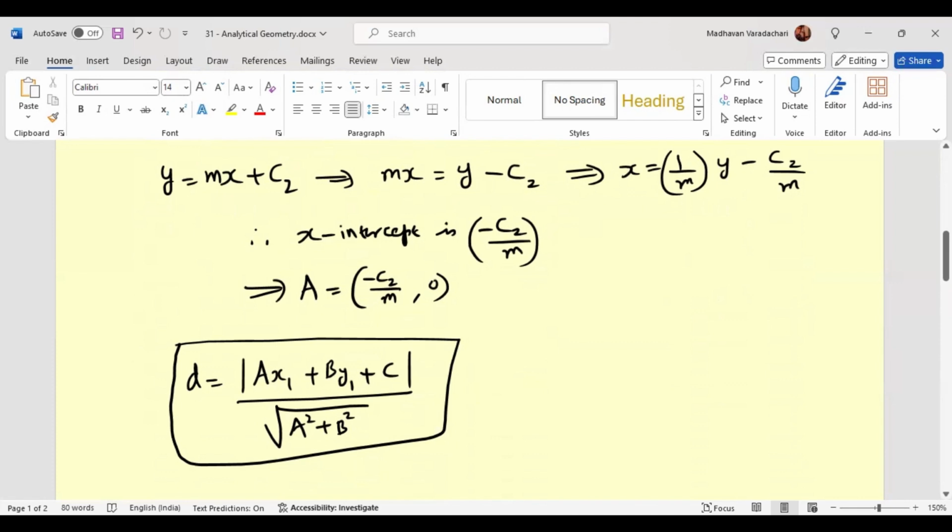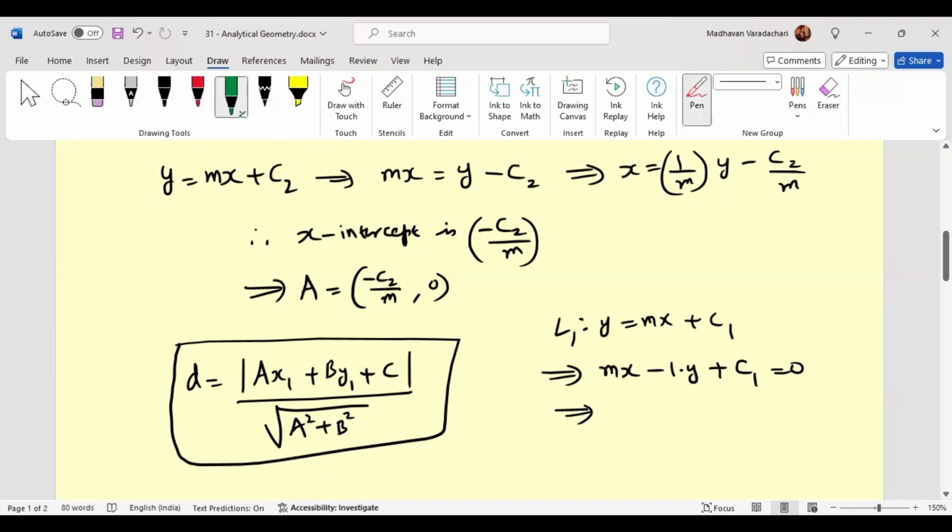So here, now let us rewrite this L1, which is y equal to mx plus c1 as mx minus 1 times y plus c1 equal to 0. This means here our A value is m, and then B value is negative 1, and then our C value is C1.